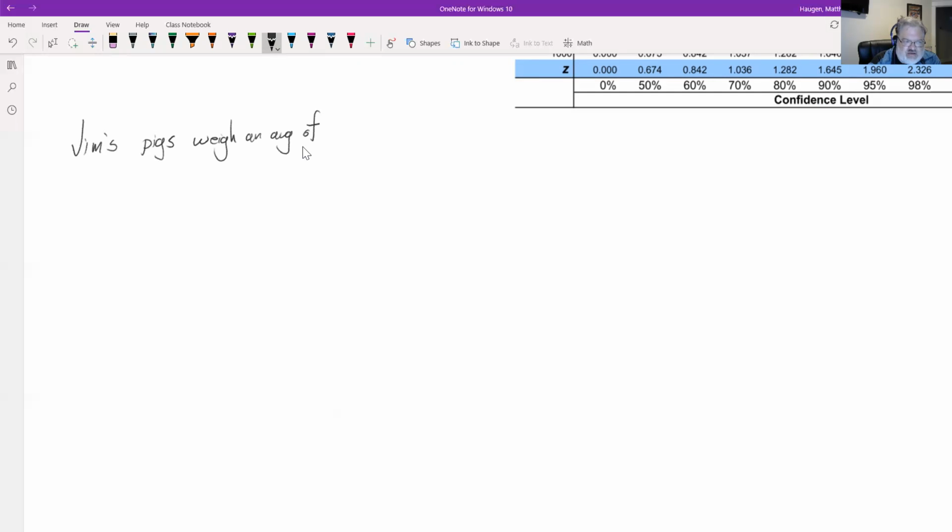Pigs weigh a lot, right? Anybody know how much pigs weigh? Why do I think Andrew knows how much pigs weigh? I don't know. Okay, how about an average of 352 pounds? There's got to be a type of pig out there somewhere that weighs about that much. Fair? So Jim's pigs weigh an average of that much.